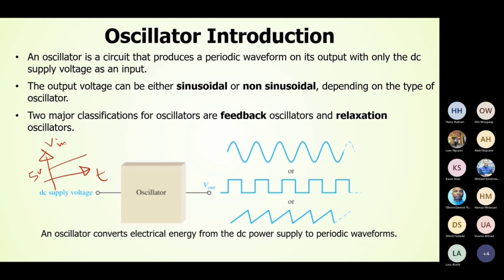Oscillators can also be classified into feedback oscillator and relaxation oscillator. We are only interested in the feedback oscillator, because feedback oscillator is easier to control. But, if I'm not wrong, relaxation oscillators can be made using crystals and things like that.